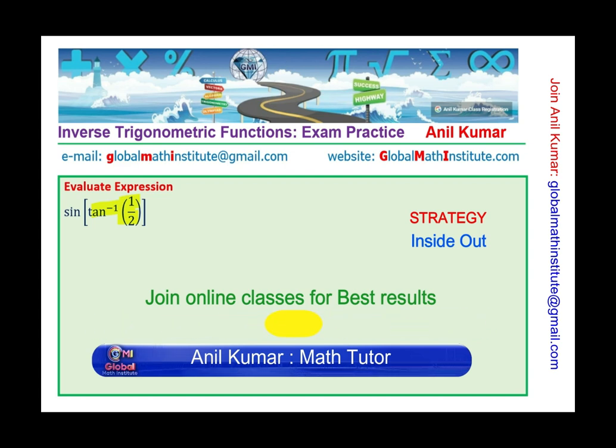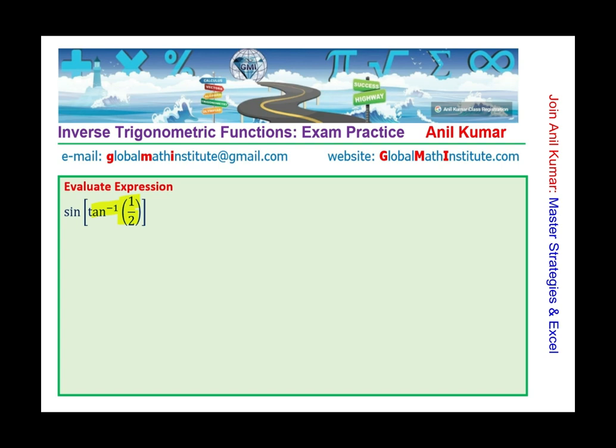Tan inverse half gives us two things. One, we are working in quadrant 1, it's a positive value, right? Second, a triangle where we are looking for the ratio of opposite to adjacent side as 1 over 2. Makes sense, right? So this is 1, this is 2. That is what we are looking for, and that is the angle theta.